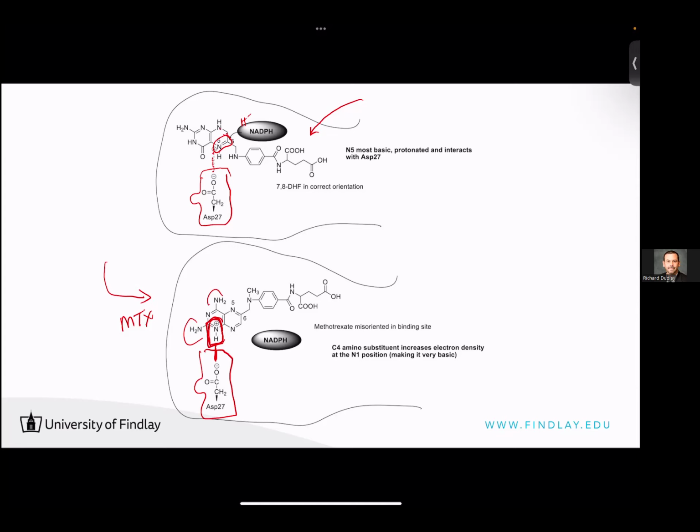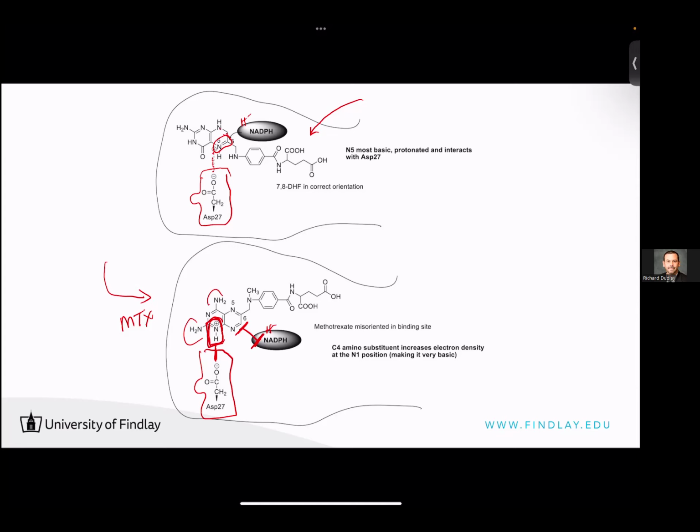As a result, we have too far of a gap between NADPH and the substrate. NADPH is unable to donate its hydrides across the double bonds in methotrexate because methotrexate has led to some misorientation in the active site, and things stop.